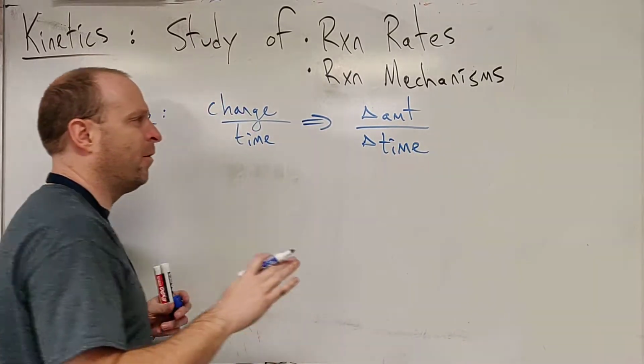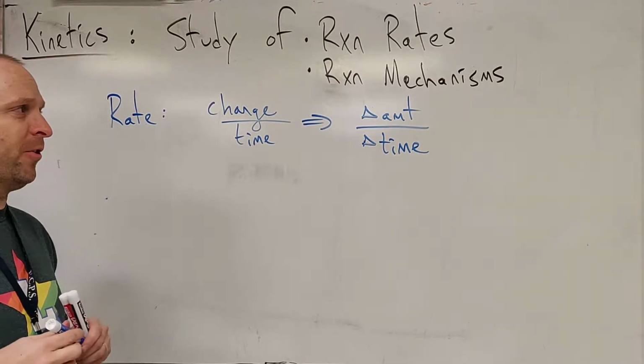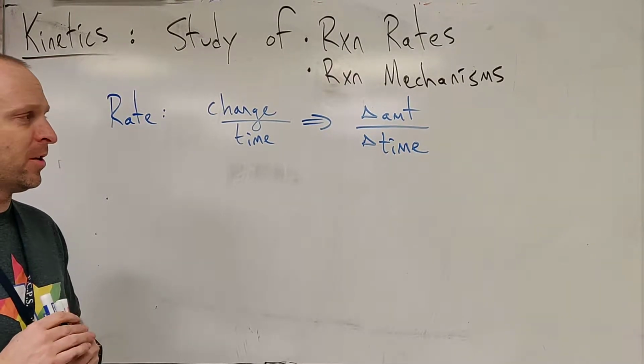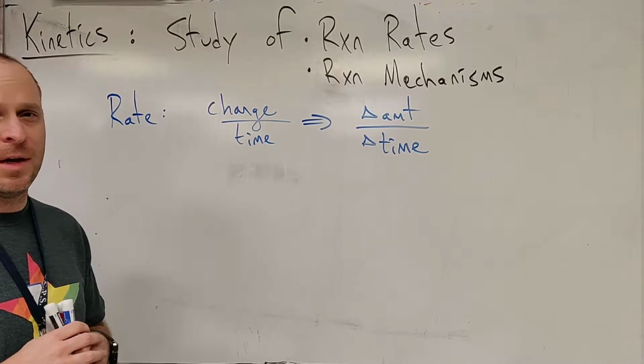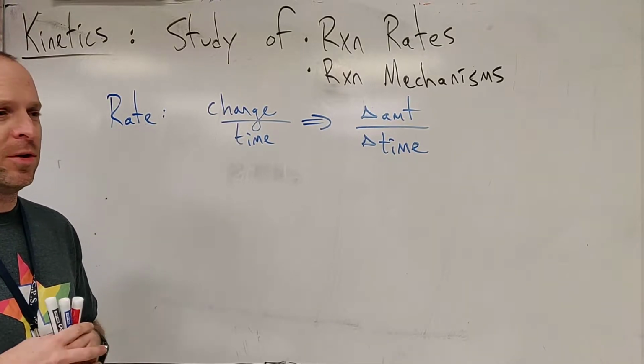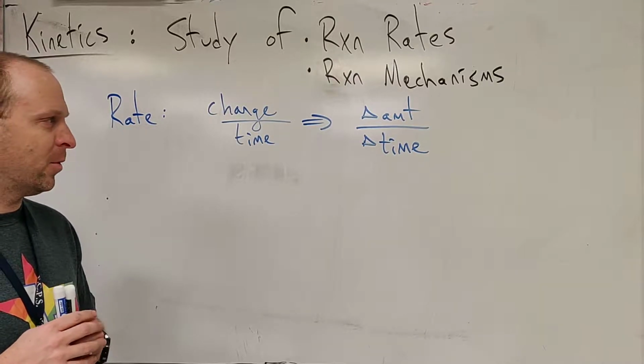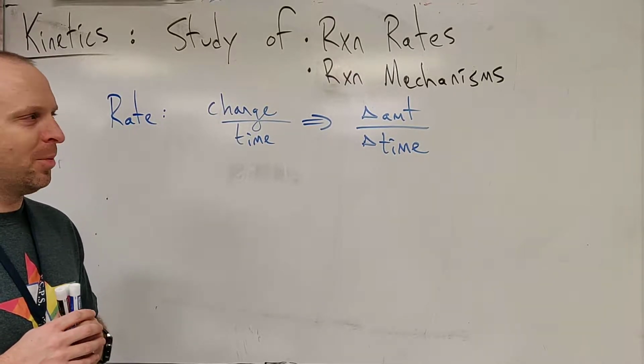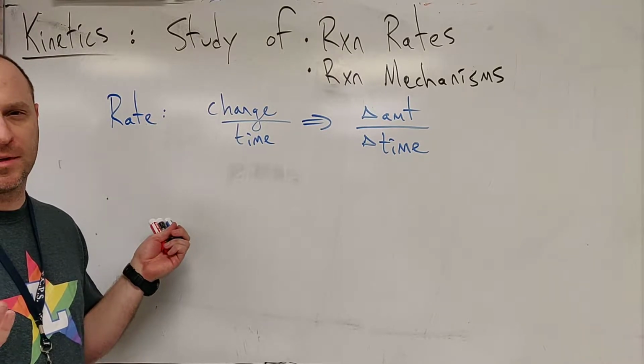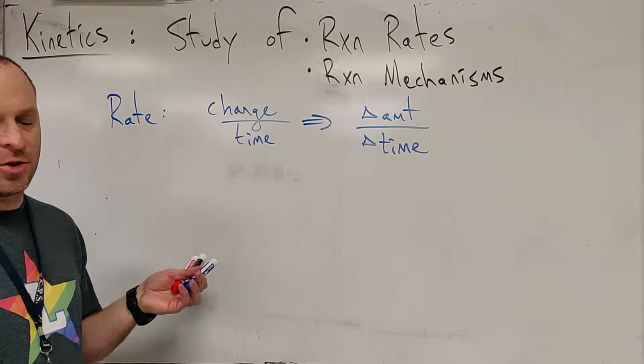All right? And for chemistry, it's a little difficult to get a change in amount, or at least it's harder, as opposed to the macroscopic world. An example my 8-year-old son was telling me was that rabbit populations double every 4 weeks or something, and this becomes an exponential growth problem.